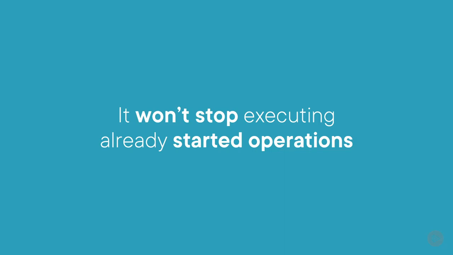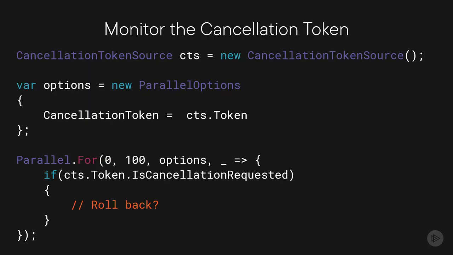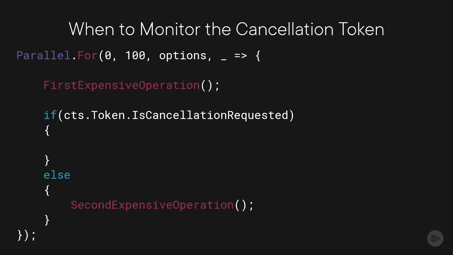If that's important, you will have to monitor the cancellation token inside the iteration and handle that properly, just like with a normal task. This is good for situations where you might have more than one expensive operation, and a cancellation could have been requested between the two operations.